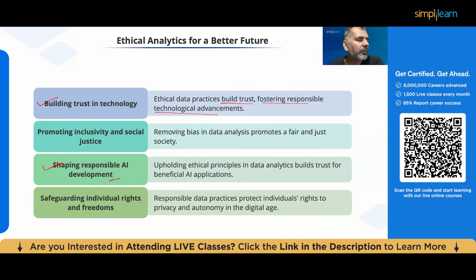And then safeguarding individual rights and freedom. When you introduce privacy rules and enough security, that helps you safeguard individual personal information as well. It also preserves the individual's rights over the information. Right. So if the user is ready to share his personal information, that is okay. If it is not shared, that is also okay.